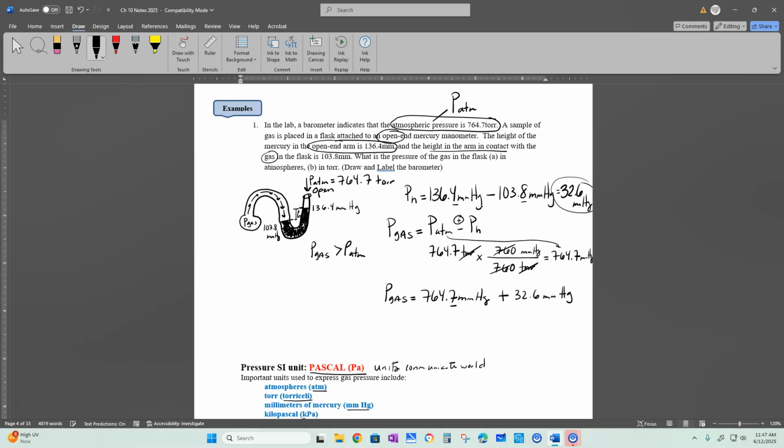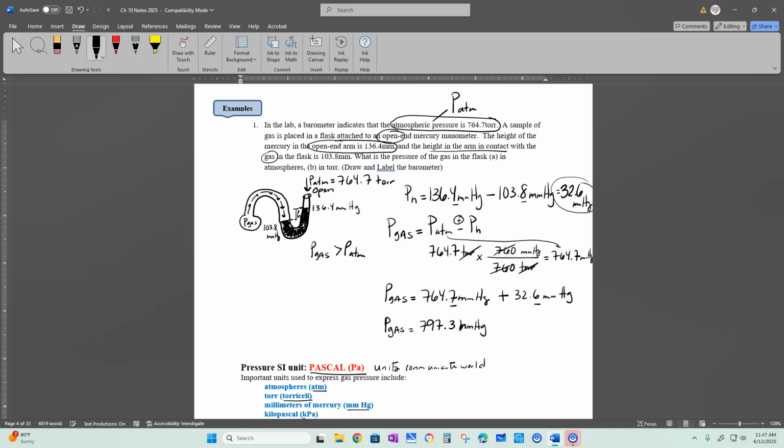And because they each have 1 after the decimal, let's plug and chug that in. So pressure of the gas looks like about 797.3 torr, or sorry, mmHg.